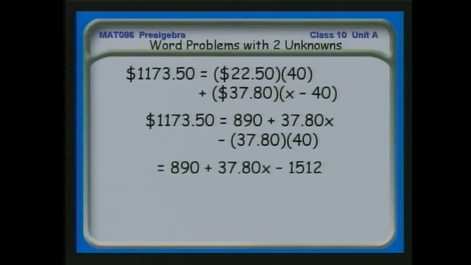Let's simplify some more. When we've done the multiplication, we see that on the right we have the 890, the 37.80x. Then when we multiply 37.80 by 40, we get 1512. Now we continue and we take 890 minus 1512, combine those two to get minus 622.